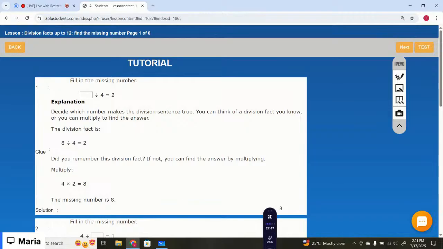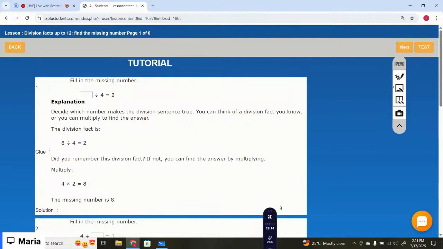The missing number divided by 4 is 2. So we have to find the missing number. Basically we are given the options, right?